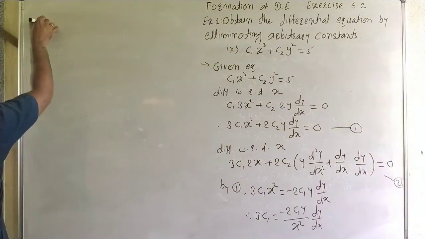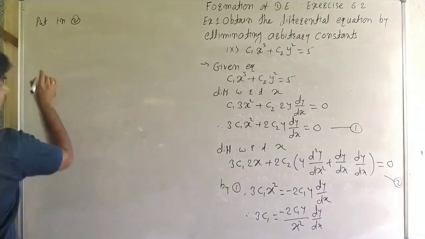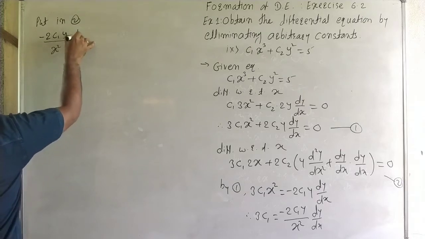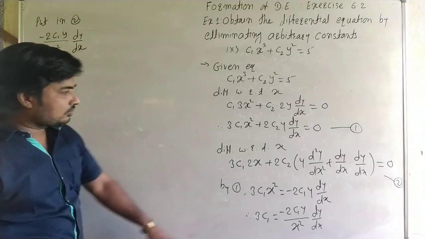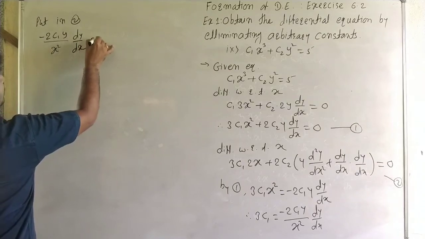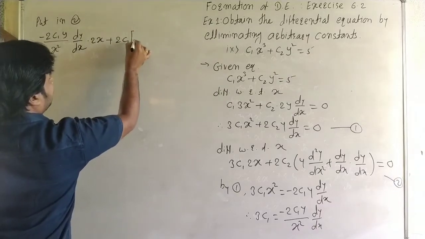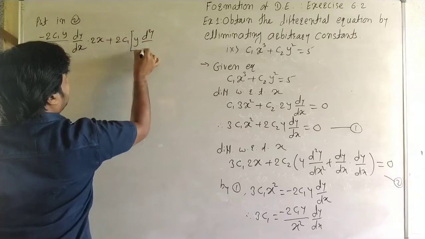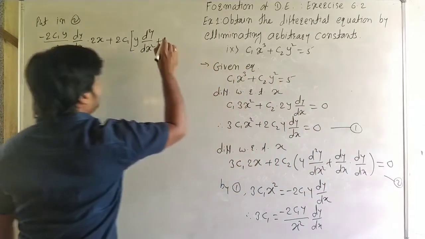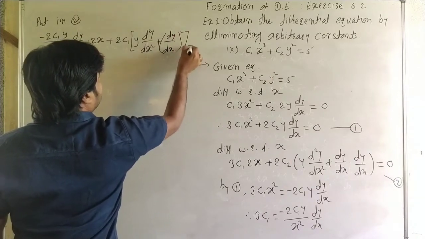Putting in, we get 3c1 as this, minus 2c2y upon x square dy by dx, into 2x, plus 2c2 into y d2y by dx2 plus dy by dx whole square, is equal to 0.